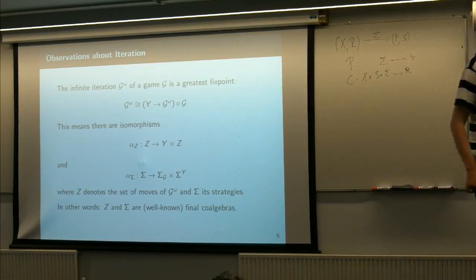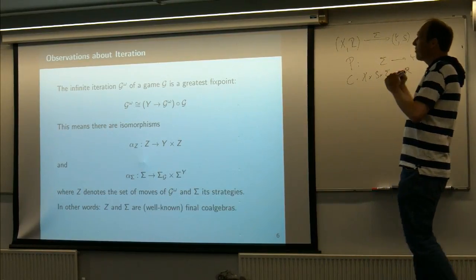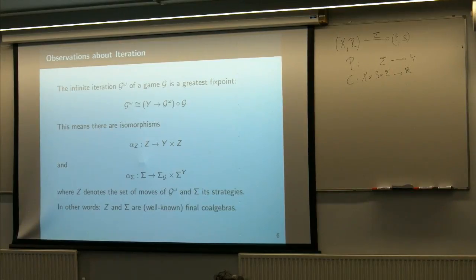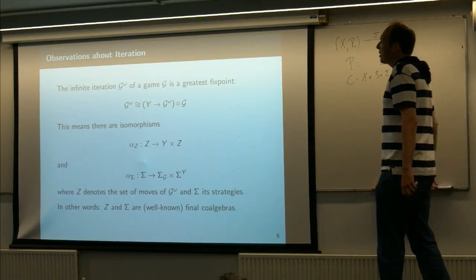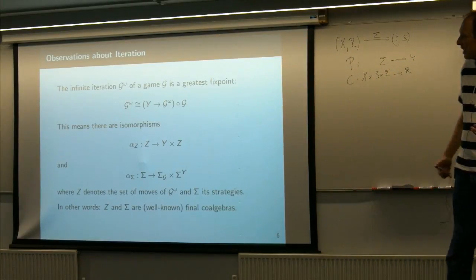Now we're reaching the point of the talk where one more pass wouldn't have been bad. But anyway, what I wanted to point out is what we know immediately from these morphisms about iteration.